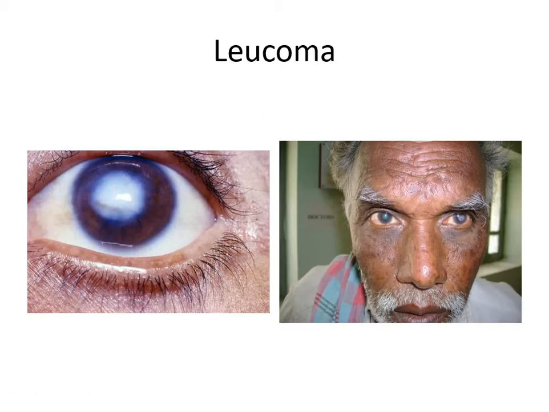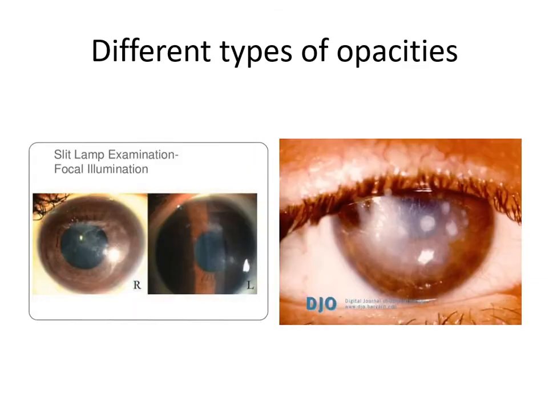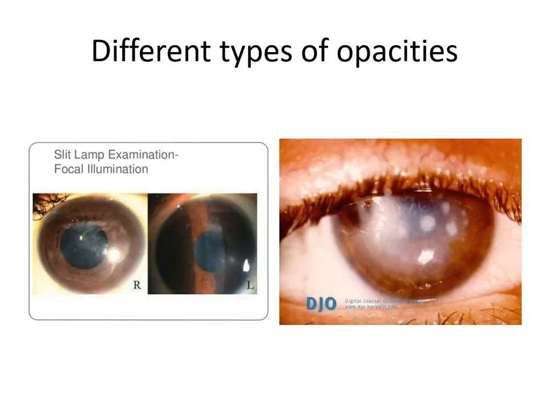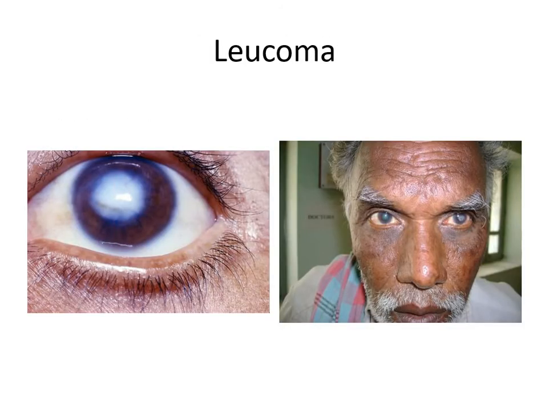So these are the common questions which are asked when corneal opacity is kept as a short case. Then the examiner will ask, when this case is kept, what are you going to do? How are you going to manage this case? So the visual rehabilitation in this case can be done only by penetrating keratoplasty.